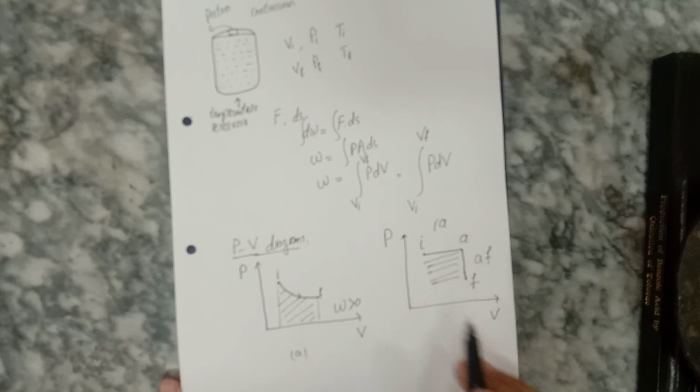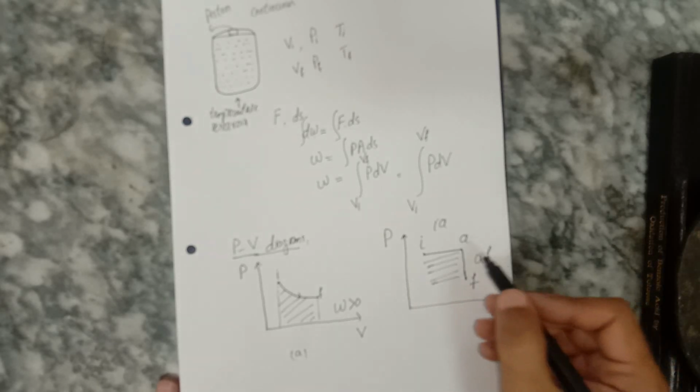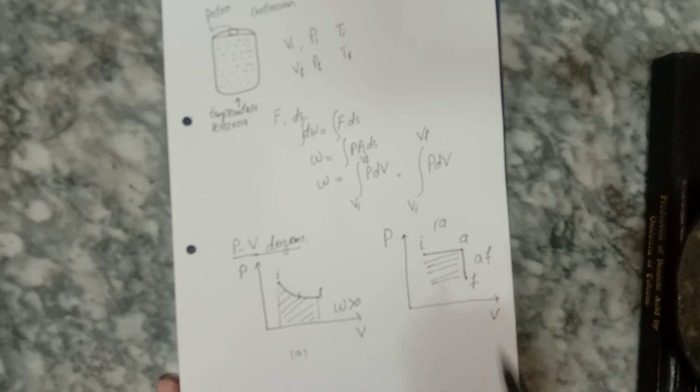In order to maintain constant pressure, we have to move the piston upward. In the second part, however, the volume does not change and pressure decreases. This decrease in pressure means that the temperature has decreased and heat is taken out from the system, the gas filled in a container we were discussing.